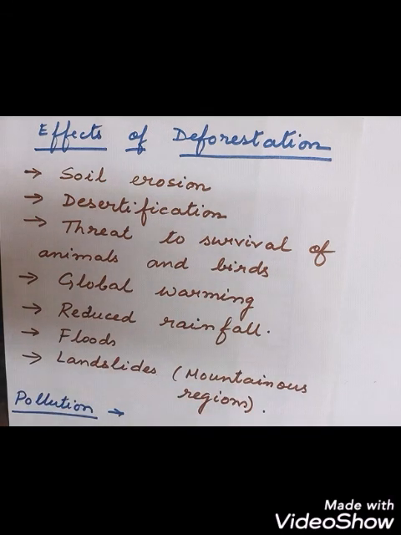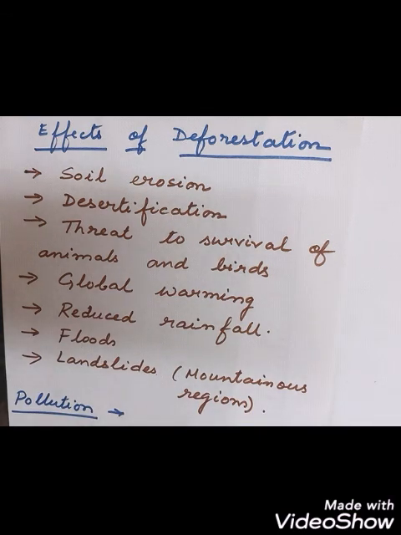As it goes on increasing in the atmosphere, this will increase the global temperature, which is called what? Global warming, which we are facing now. Due to deforestation, Earth's temperature is rising every year because of the accumulation of carbon dioxide. Heat is not allowed to escape outside the earth. So this is called what? Global warming. So deforestation is the main cause of global warming.